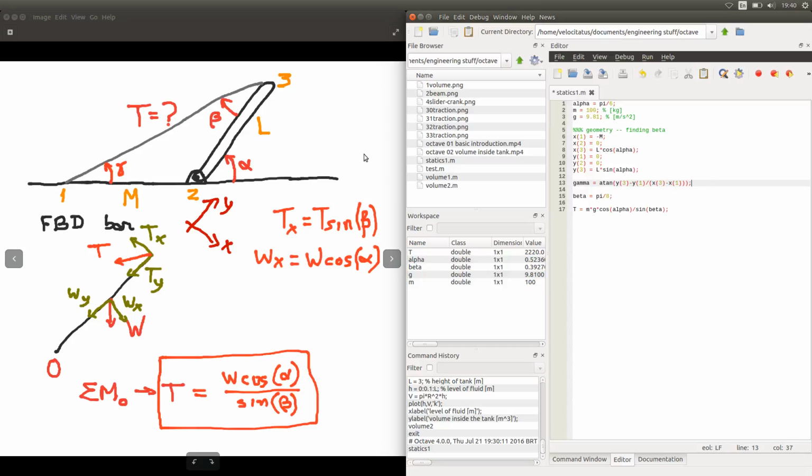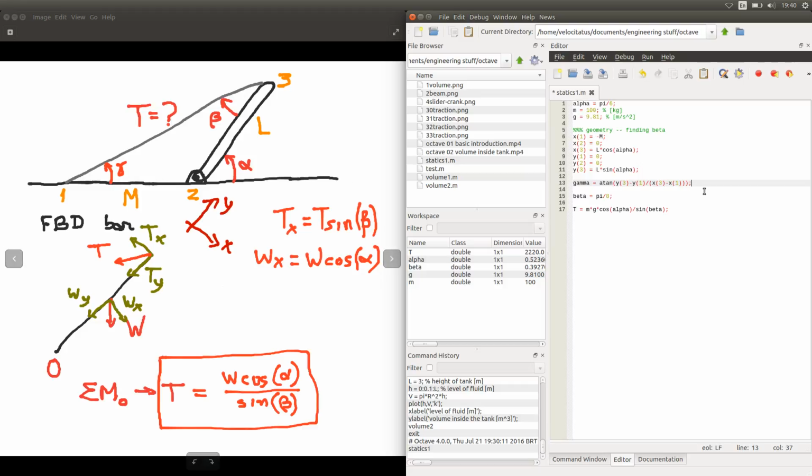Once we define the angle gamma, we can look at this triangle formed by the cable, the bar, and the horizontal, the triangle formed by the points 1, 2, 3, and see that we have this angle gamma. We know that this internal angle here is pi minus alpha, and then we can find beta by knowing that the internal angles of a triangle always add up to pi.